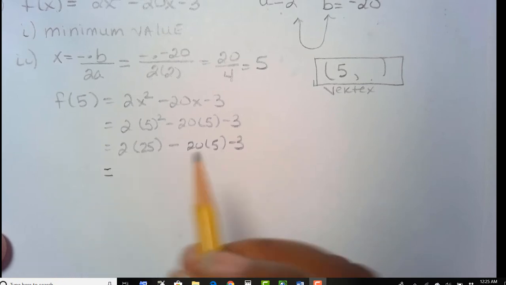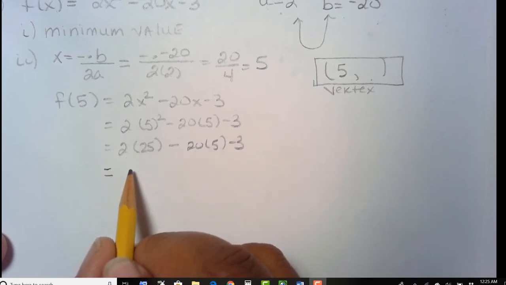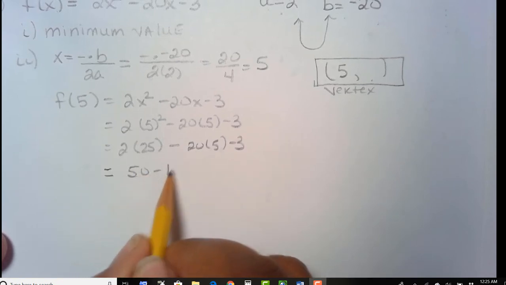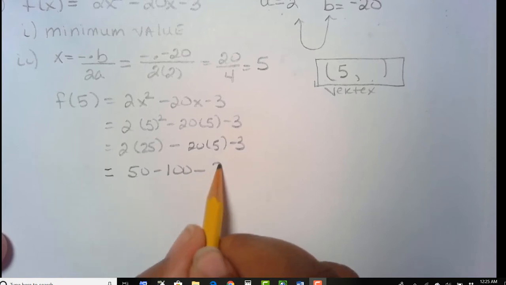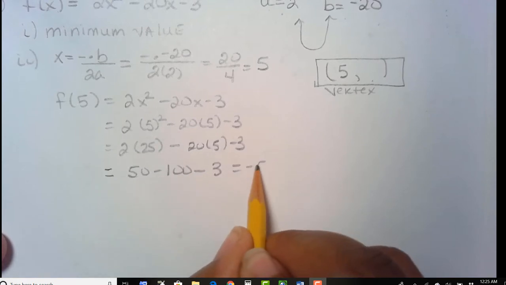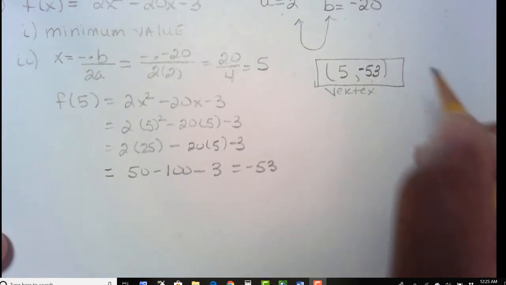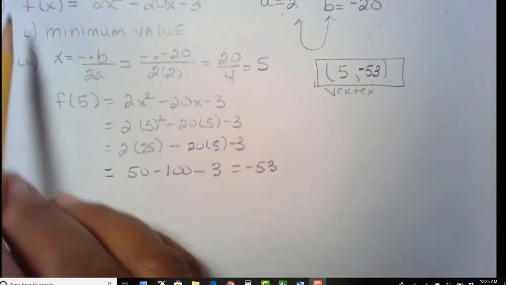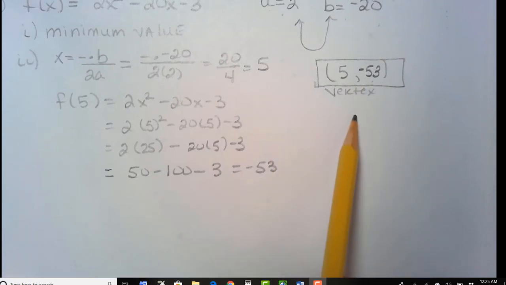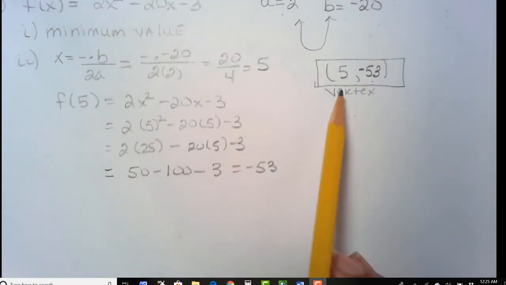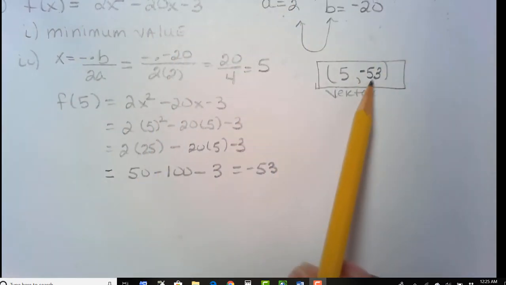We have 50 minus 100 minus 3, and that gives us negative 53. So this is part B. We found the minimum value for this example, and it occurs at negative 53.